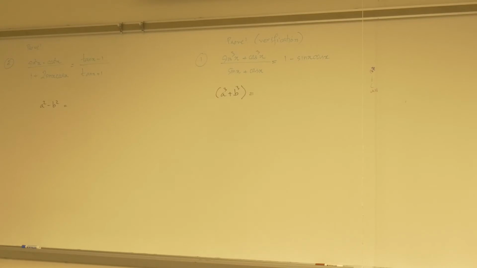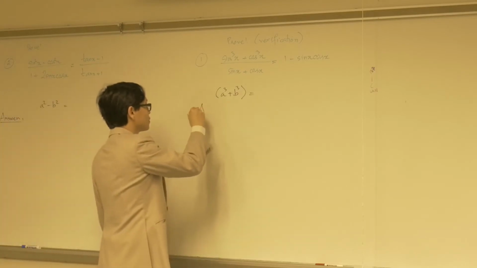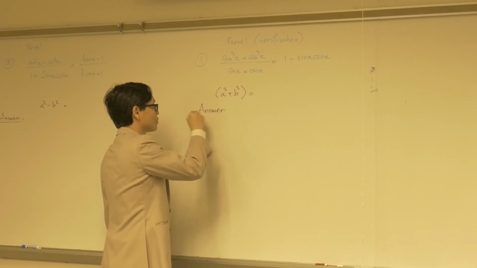I thought it was sine squared plus cosine squared equals 1. Oh, right. So yeah, you can simplify that into 1. But wouldn't you not be able to? I can write sine squared plus cosine squared equals 1.